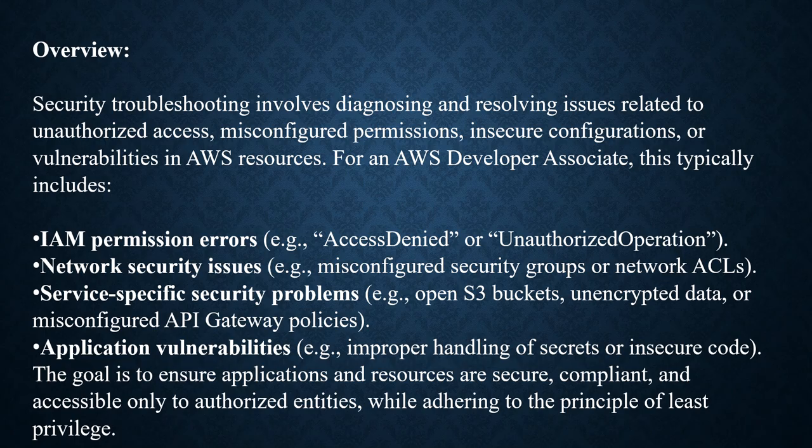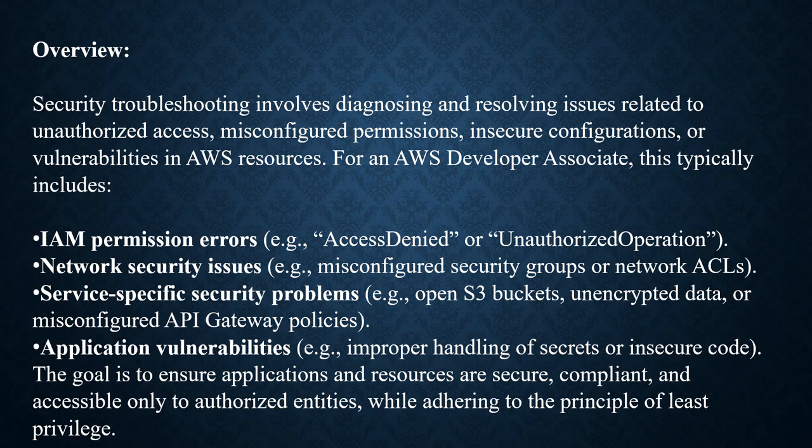Security troubleshooting, as I said before, involves diagnosing and resolving issues related to unauthorized access, misconfigured permissions, insecure configurations, or vulnerabilities in AWS resources. For an AWS Developer Associate, this typically includes IAM permission errors, network security issues, service-specific security problems, and application vulnerabilities.